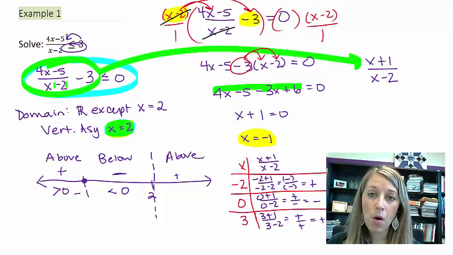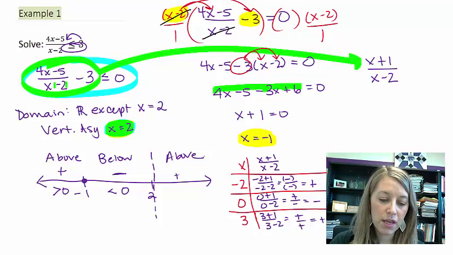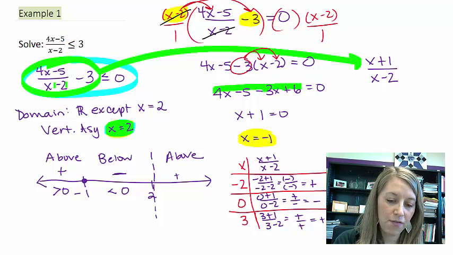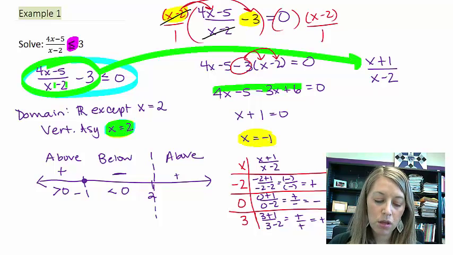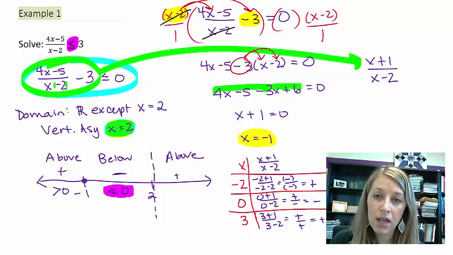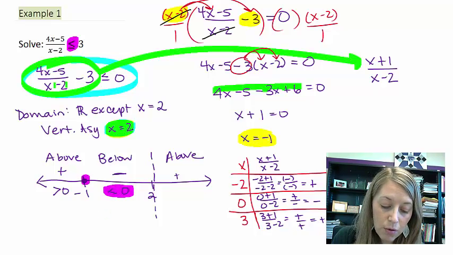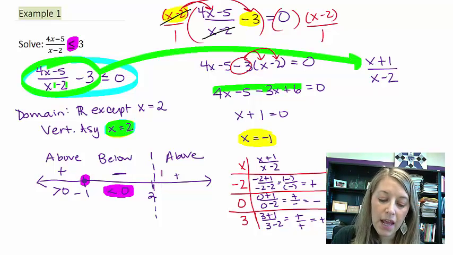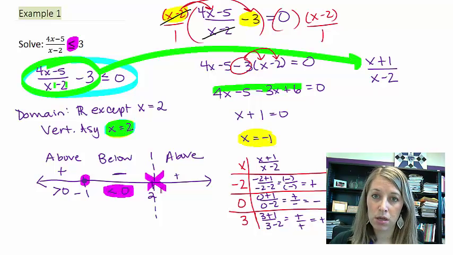Okay, so now all I need to do is select my appropriate answers. So this inequality is specifically less than or equal to. So I'm looking for where it's below. So it's below here, that's my less than, and equal to. It is equal to 0 here. It is not equal to 0 here because that is undefined there.